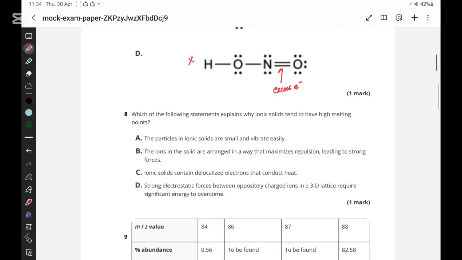So the next question is, which of the following statements explains why ionic compounds tend to have high melting points? Basically, for example, NaCl has the cation sodium and the anion chloride.